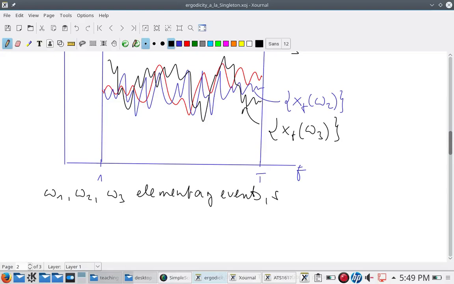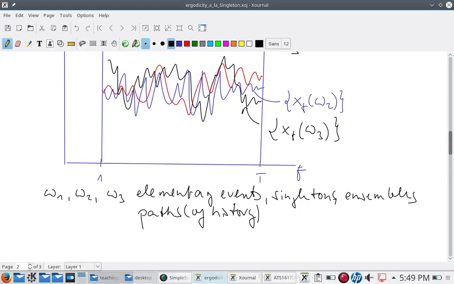Sometimes these guys are referred to as singletons. What Hamilton calls these elementary events is essentially he calls them ensembles. You may also call them paths. Paths, basically paths of history, if you like.